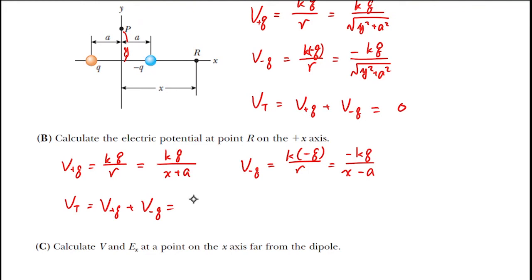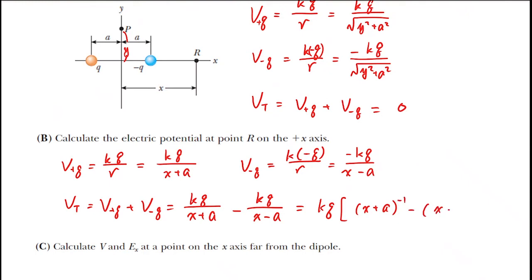There's no better way, so we'll just write it like this: KQ over x plus A, minus KQ over x minus A. Or if you want to differentiate it soon, we'll write it as KQ times x plus A to the negative 1 power, minus x minus A to the negative 1 power.